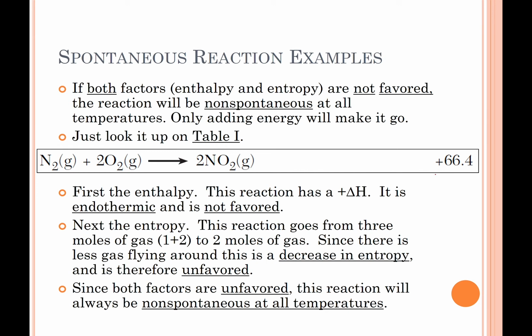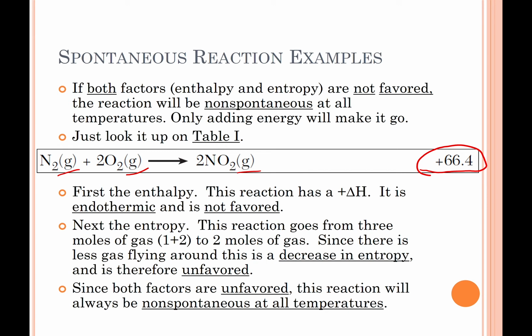So in this reaction, we look at the heat value first. It's a positive value, therefore it's endothermic, and any endothermic reaction is not going to be favored as far as the enthalpy. As far as the entropy goes, we have a gas and a gas and a gas.